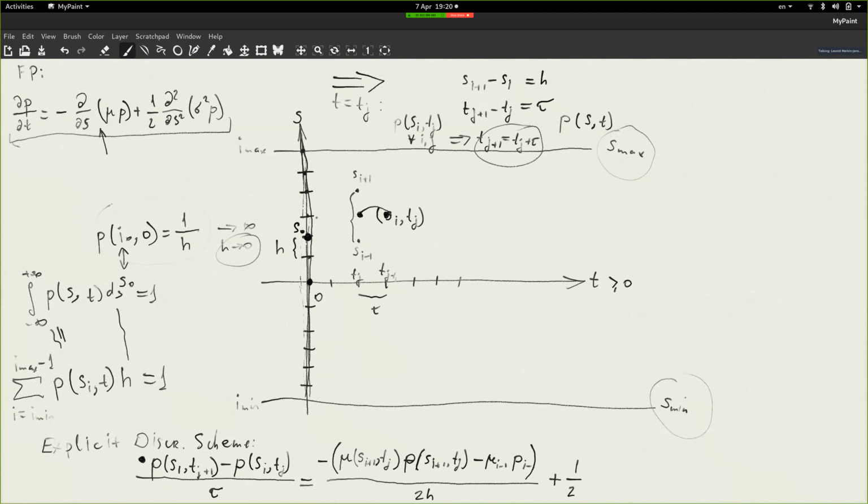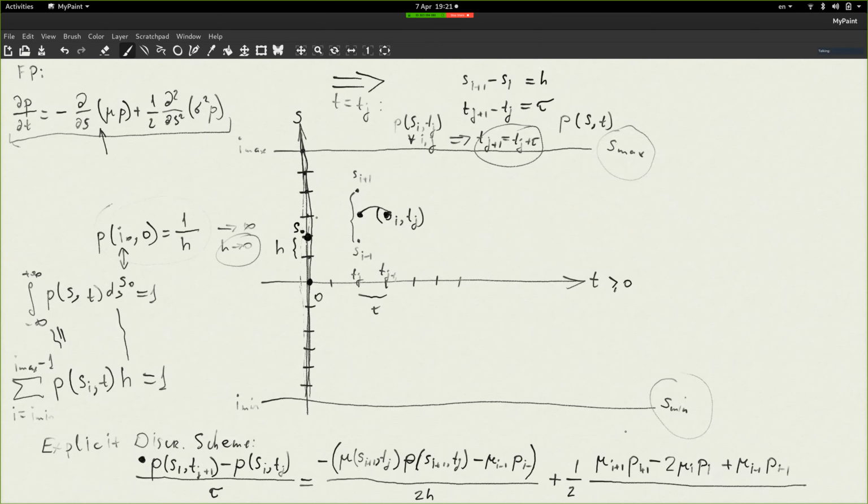It is sigma squared in the point i plus 1, p in the point i plus 1, minus 2 times sigma squared i p i, plus sigma squared i minus 1 p i minus 1, all of them at tj, divided by h squared.